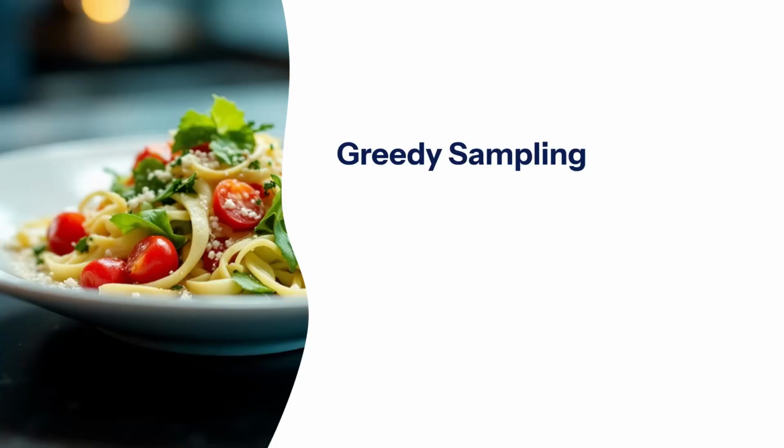Sampling. In sampling, we have greedy sampling. So let's say you're ordering something from a restaurant. Greedy sampling would be equivalent to always ordering the single most common or most popular dish on the menu. If the most frequently ordered dish is the Caesar salad, greedy sampling would result in ordering, "I will have the Caesar salad all the time."